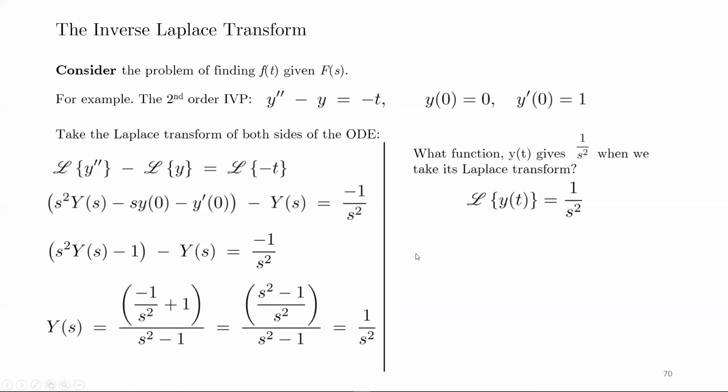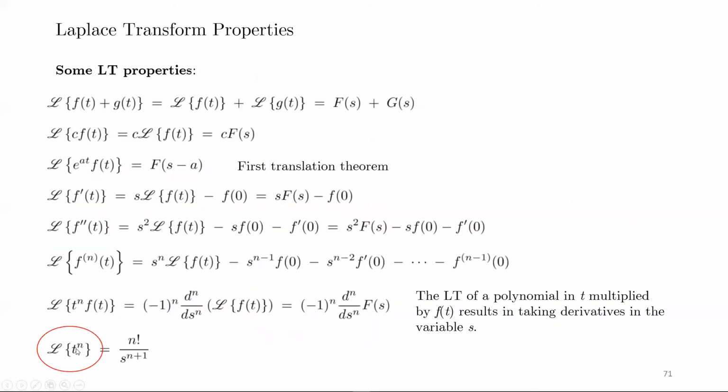We need to find a function y of t which gives 1 over s squared when we take its Laplace transform. So the Laplace transform of y of t equals 1 over s squared. But we know what that is, right? Because we know that the Laplace transform of t to the power of n is equal to n factorial over s to the n plus 1.